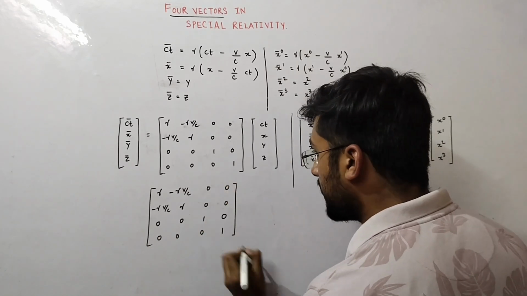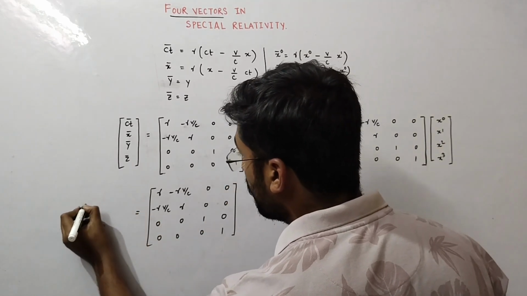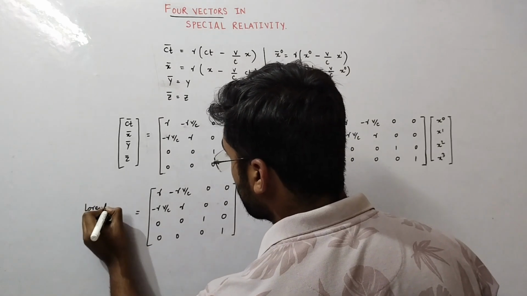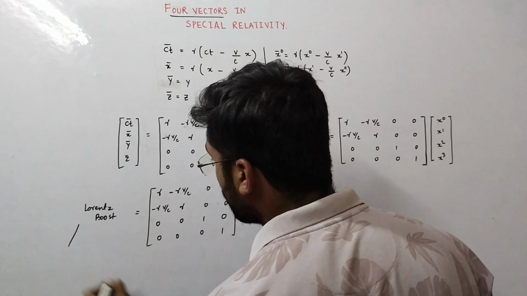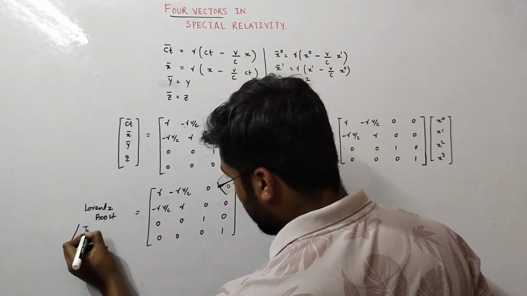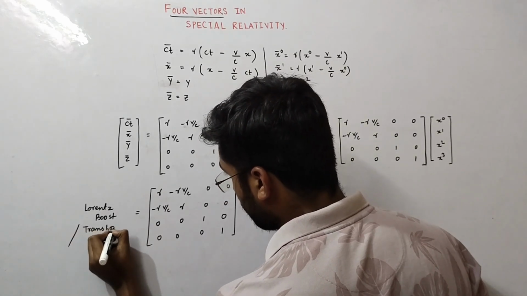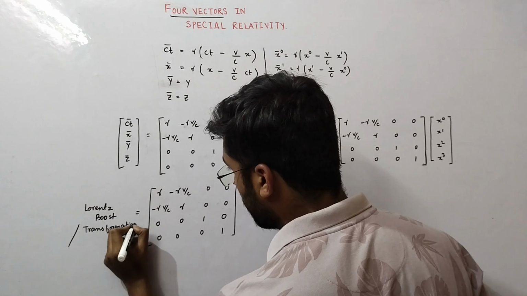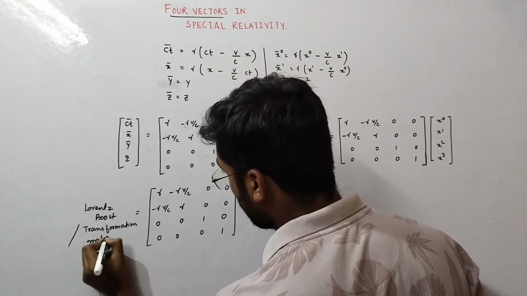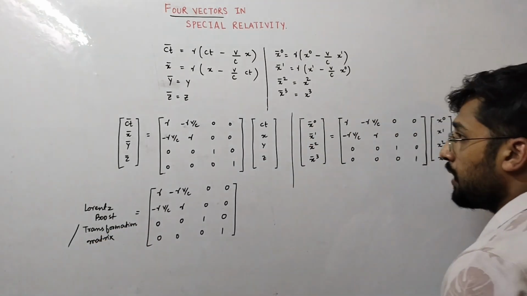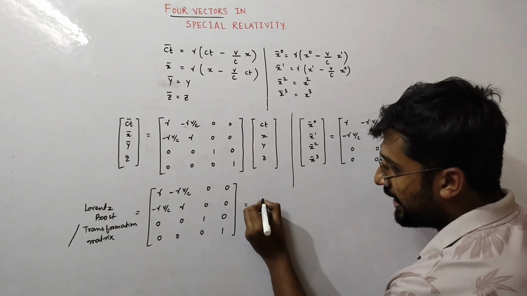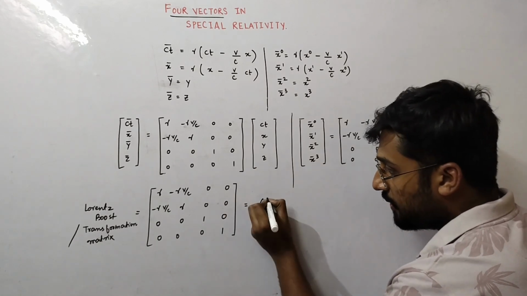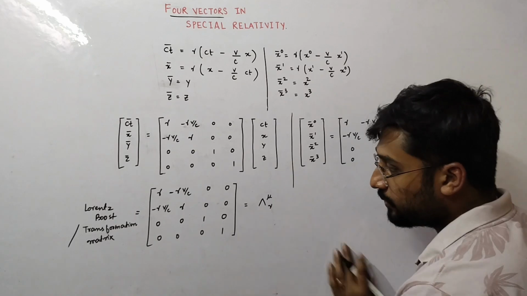Now this is called the Lorentz boost, or it is also referred to as the transformation matrix. You can also write this as capital lambda mu nu.